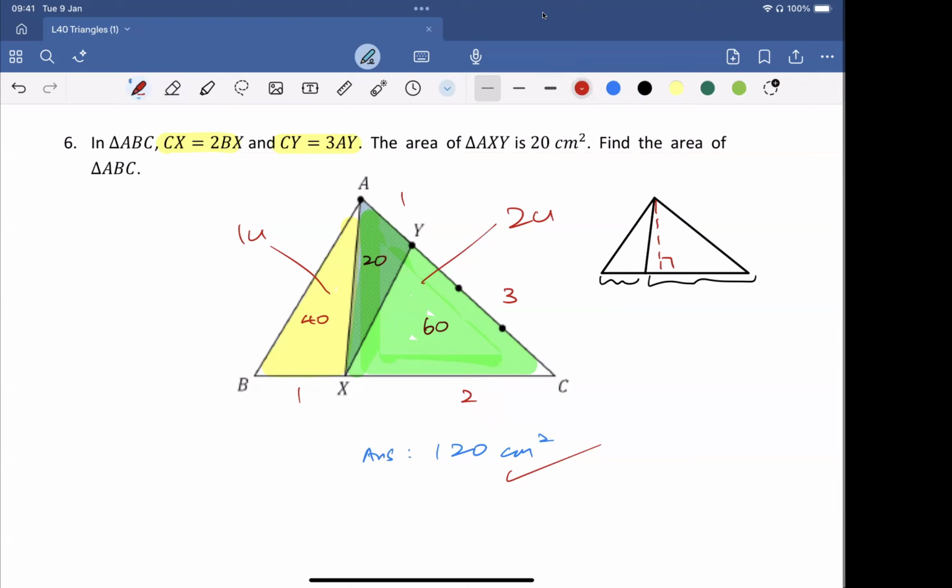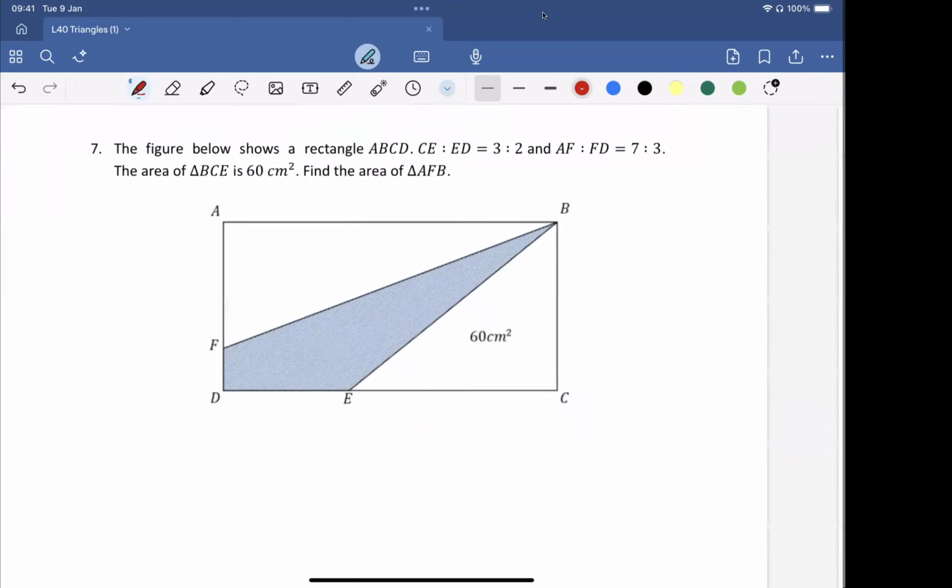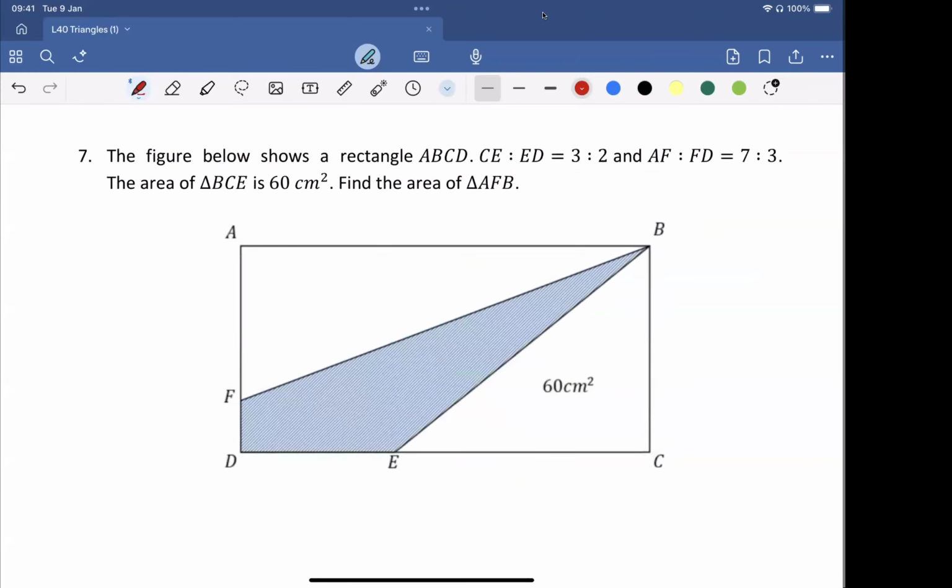All right. So let's try the next one. Students, they are telling you that CE is to ED, the ratio is 3:2. So we say CE is 3, ED is 2. AF is to FD, 7:3.